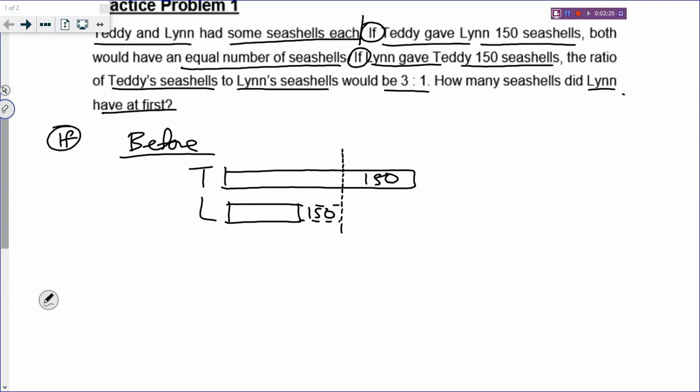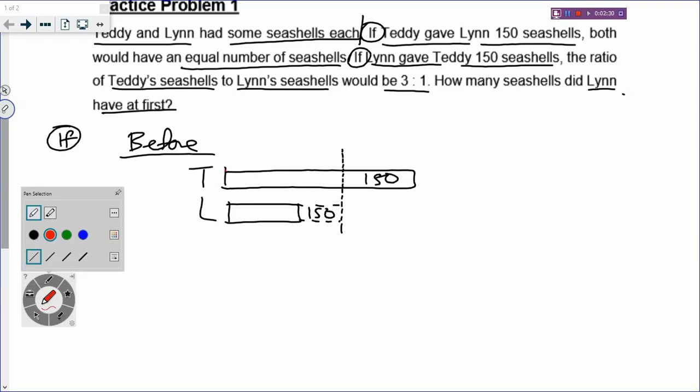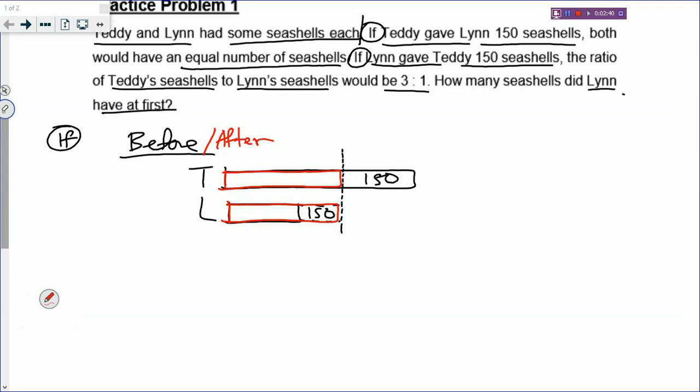So now you can see that they have equal. Let me use a red color to show you the equal number of seashells in the end. So this is your after already. I actually combine the before and the after together as one model. Sometimes you can separate them, sometimes you can join them together, it is up to you. So we have drawn out the first if already.